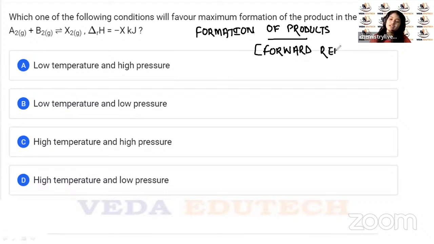In this question, we are given only temperature and pressure. So we'll see what happens at equilibrium in case of temperature and in case of pressure.